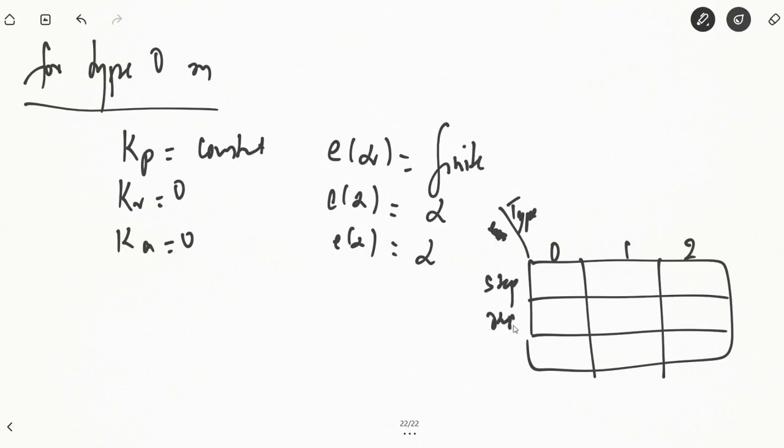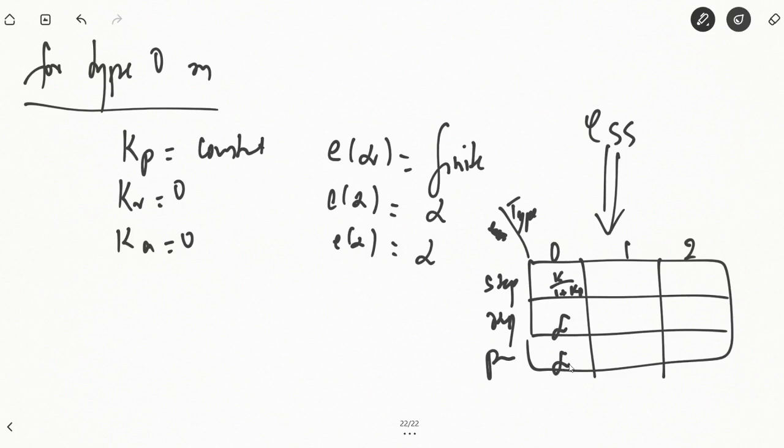So for a step input, ramp input, and a parabolic input, this is the value of steady state error. Fine. For a type 0 system, step input is finite, that's 1 divided by 1 plus Kp. Ramp comes out to be infinity.